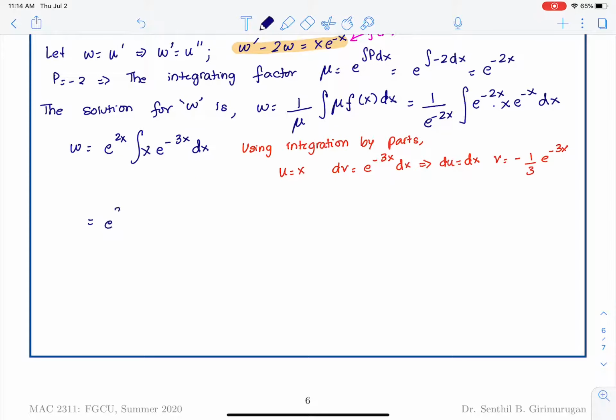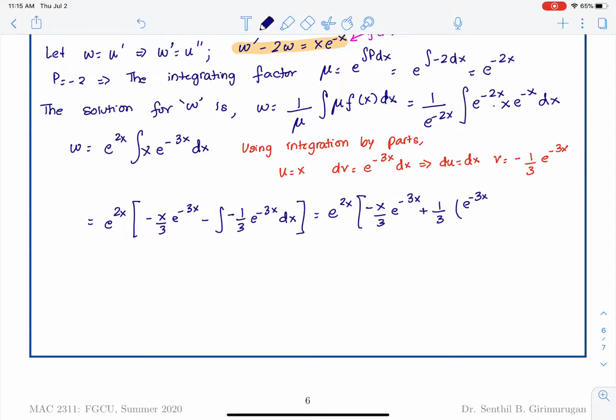So using the formula for integration by parts, uv, so negative x over 3 e raised negative 3x, minus integral v du, minus 1 over 3 e raised minus 3x multiplied by dx. So we have e raised to x, negative x over 3 e raised minus 3x, plus 1 over 3 multiplied by e raised minus 3x divided by minus 3.